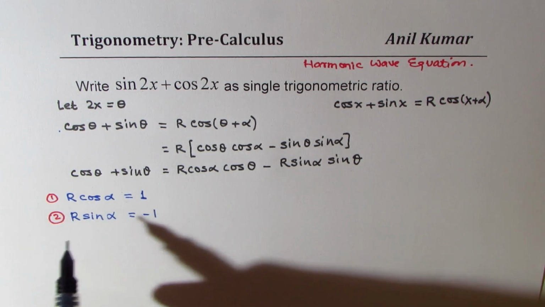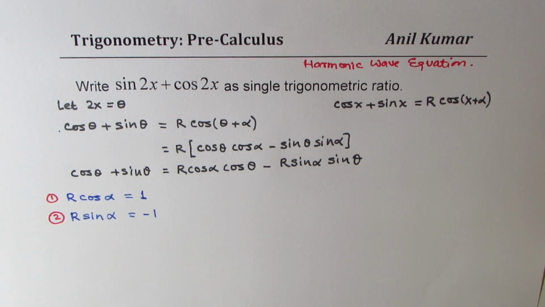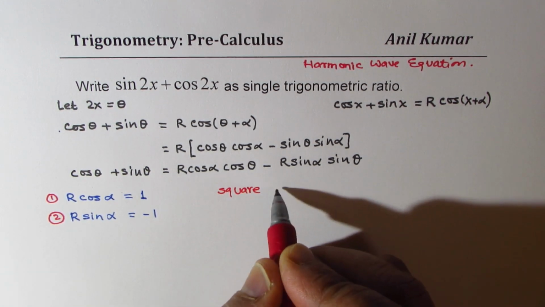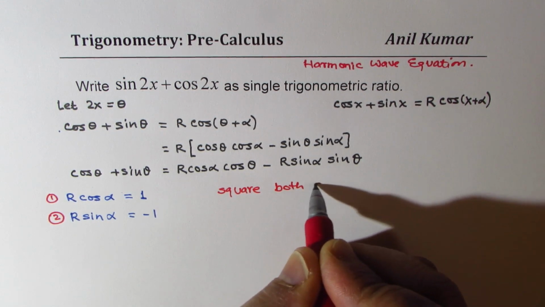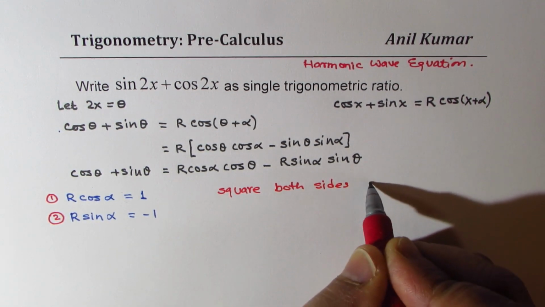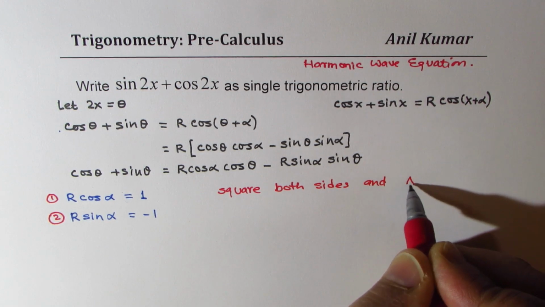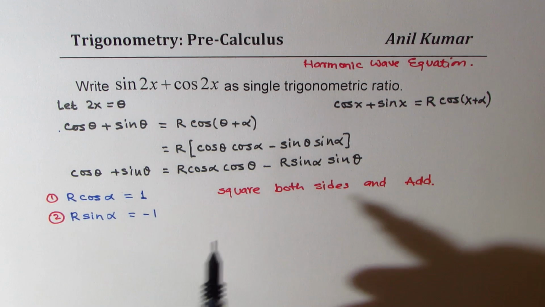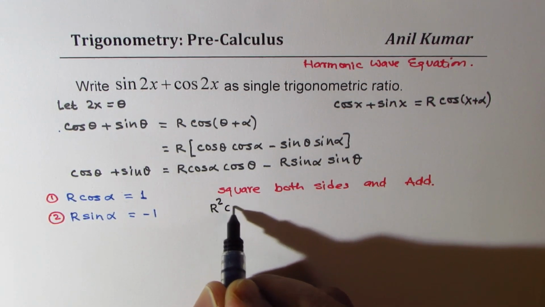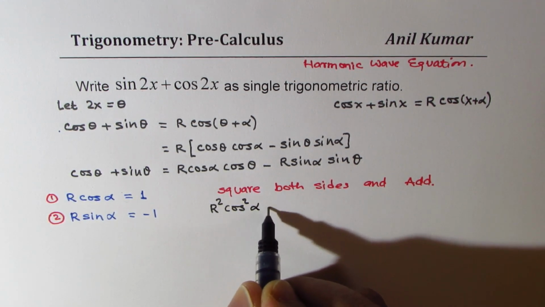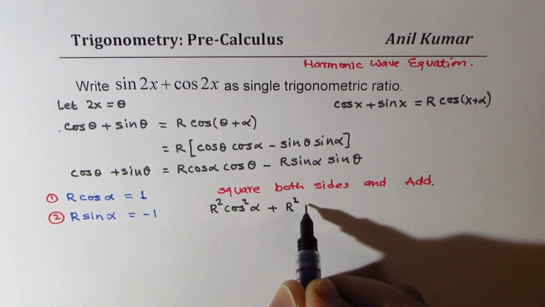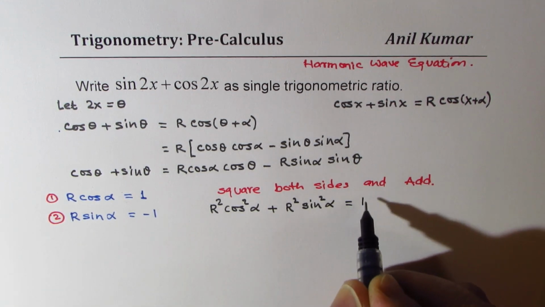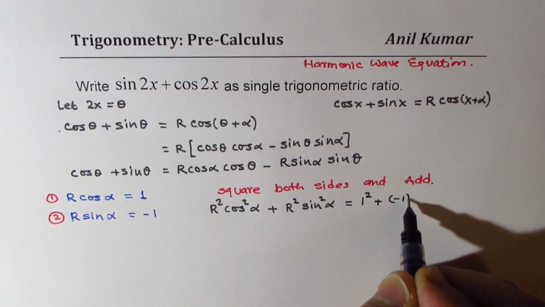So if we square both sides and add, then what do we get? If we add these two, we get r square cos square alpha plus r square sin square alpha equals 1 square plus minus 1 square, correct?